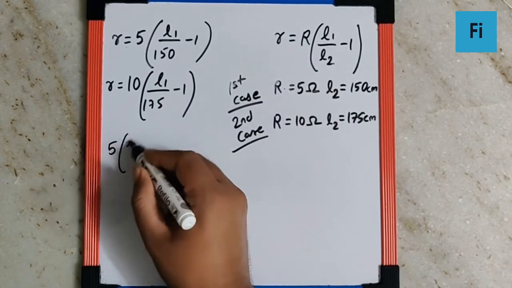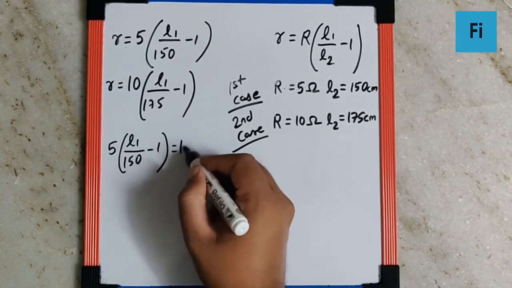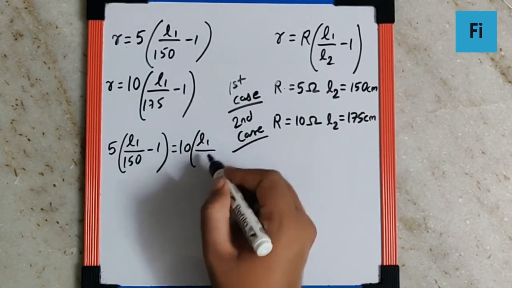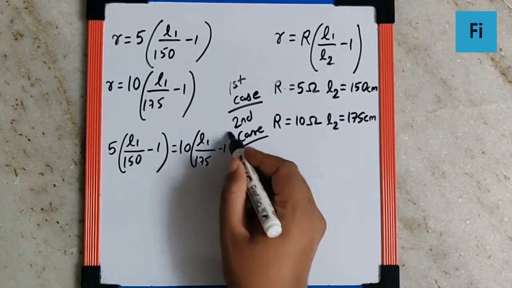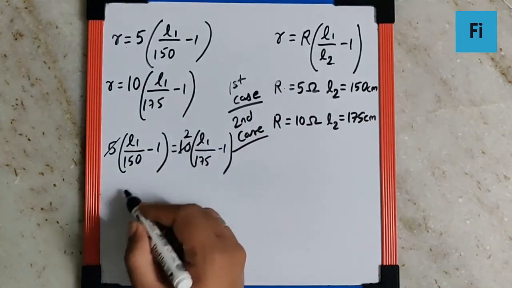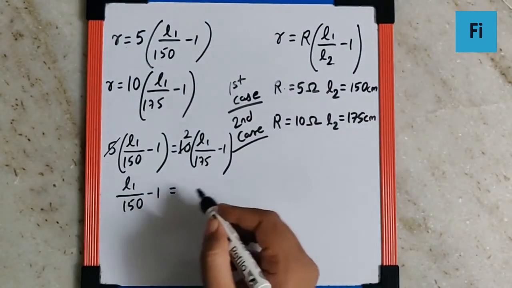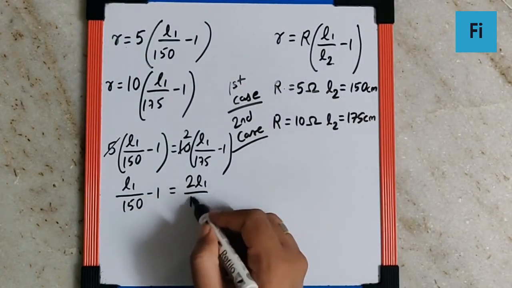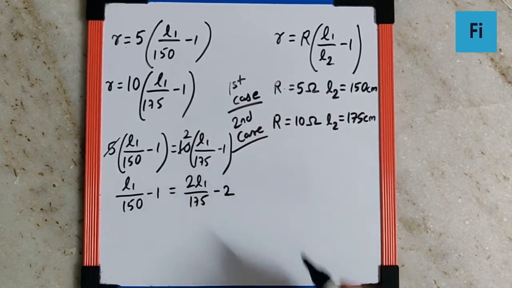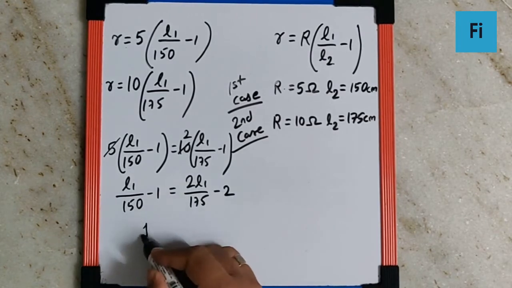So 5 times (L1 by 150 minus 1) is equal to 10 times (L1 by 175 minus 1). Definitely we can cancel the 5. Now when we open the bracket, we get L1 by 150 minus 1 is equal to 2L1 by 175 minus 2. So this 2 goes over here, 2 minus 1 is 1.